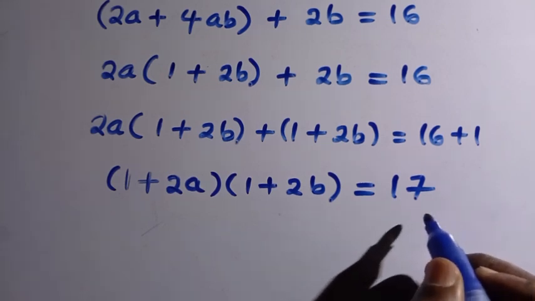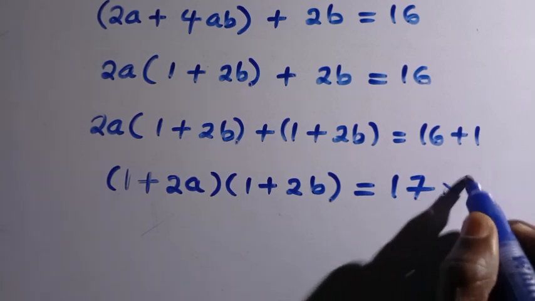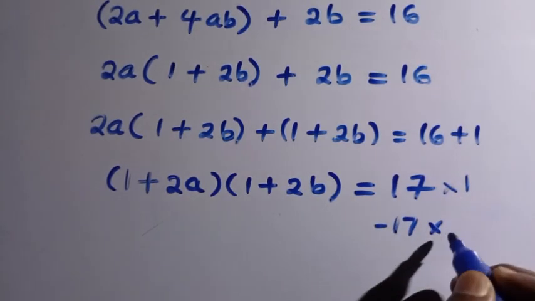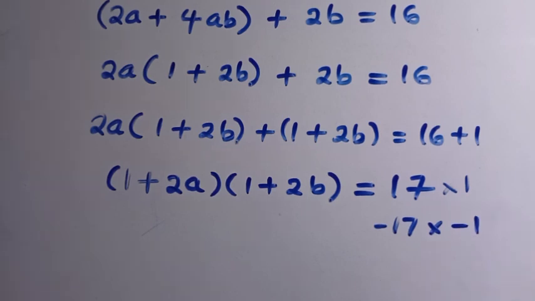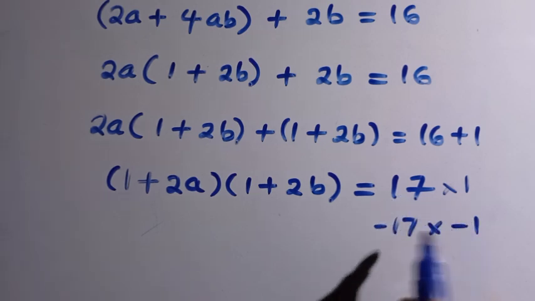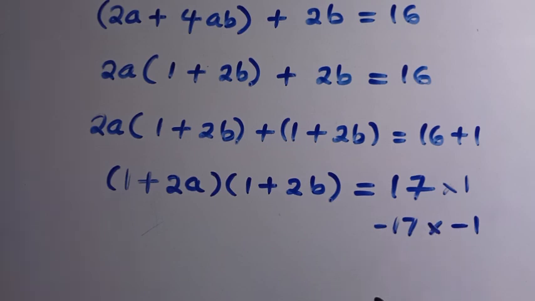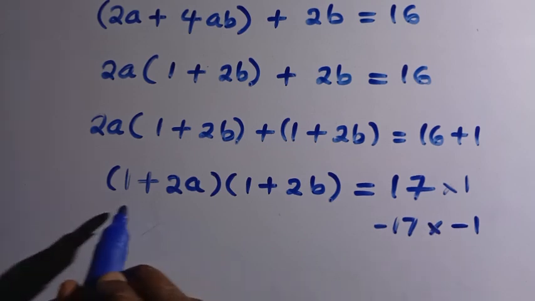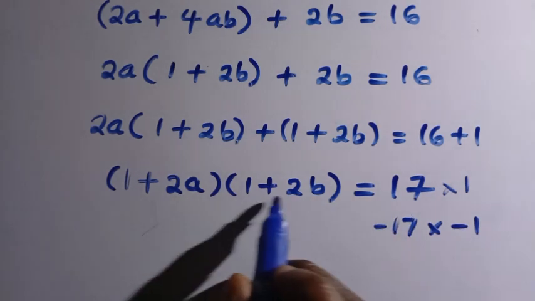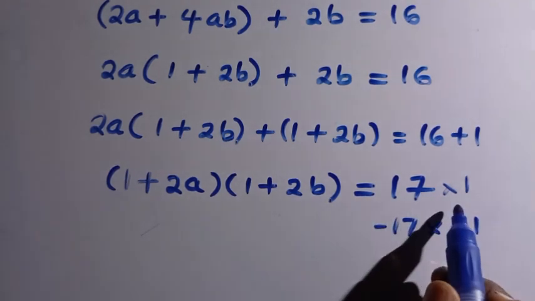The first way is we can say 17 multiplied by 1, and we can also say minus 17 multiplied by minus 1. We already said this is based on integers. So the whole of this gives us 17. Therefore, for the first case, we let 1 plus 2a equals 17 and 1 plus 2b equals 1.